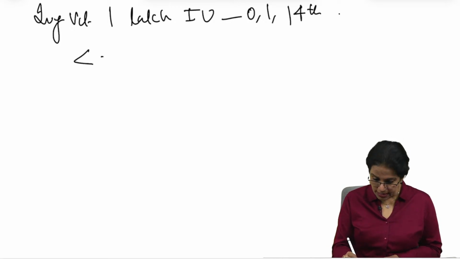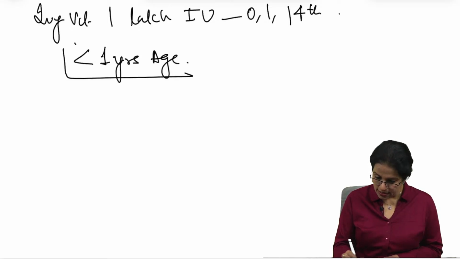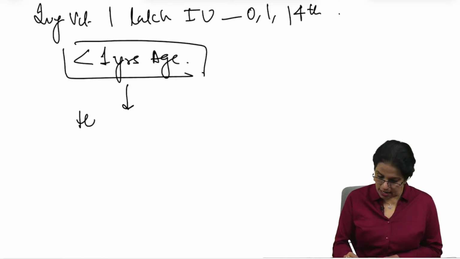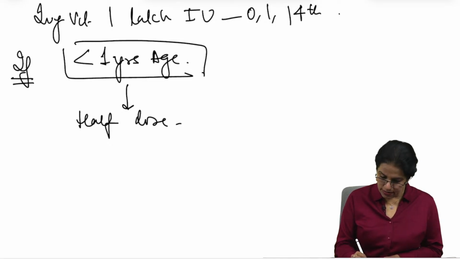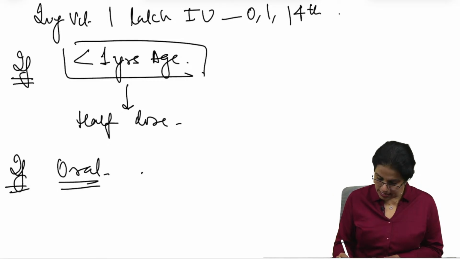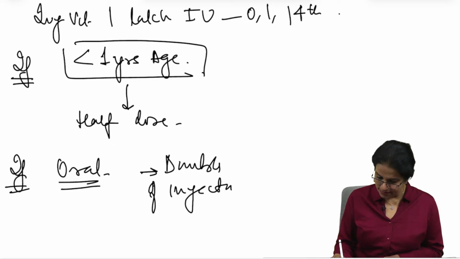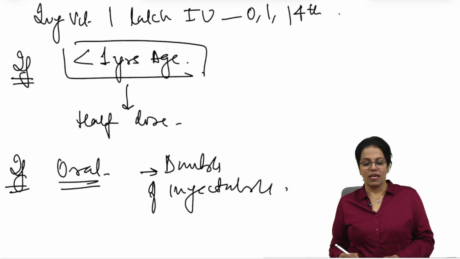If the patient is less than 1 year of age, in that case just half the dose. And if you are giving oral, then in each case you have to just double the dose. Double of injectable is oral. Is it now clear?